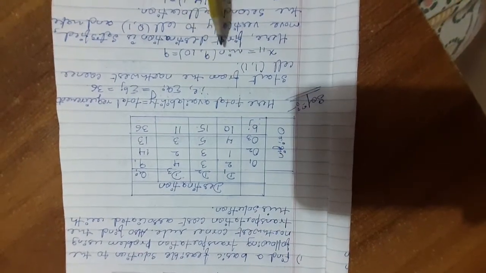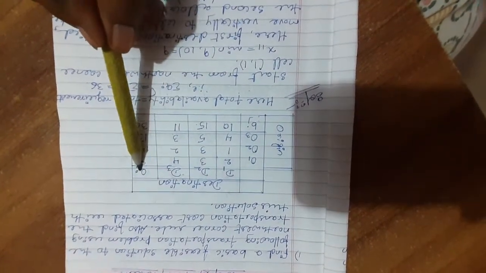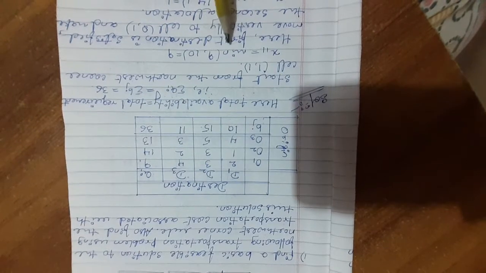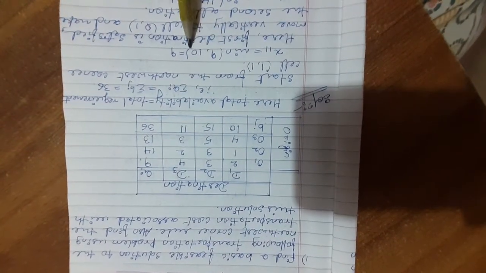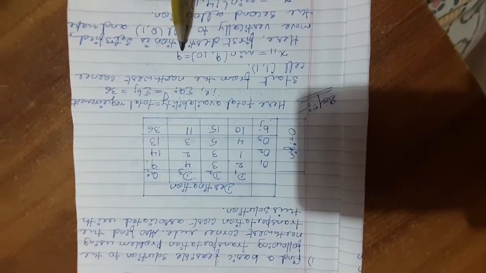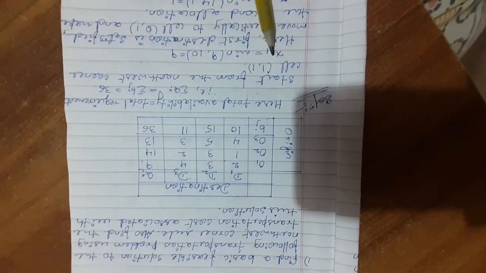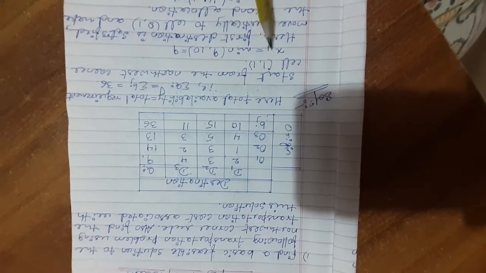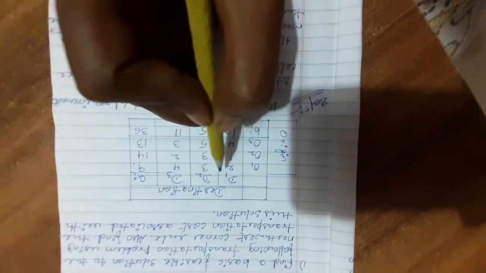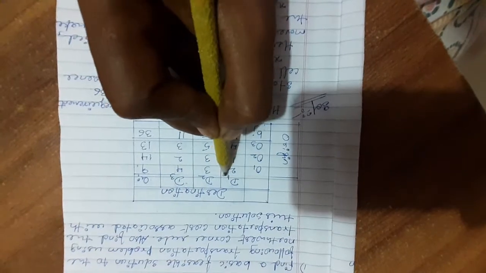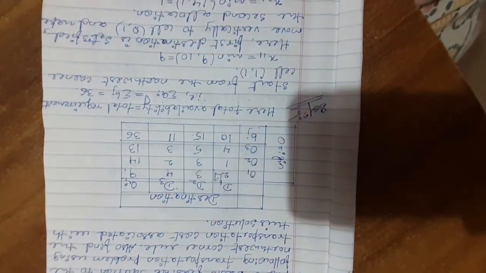Here we have to write minimum of 9, 10. What is the minimum among 9 and 10? That is 9. So allocate 9 for the first cell, which is first row and first column.